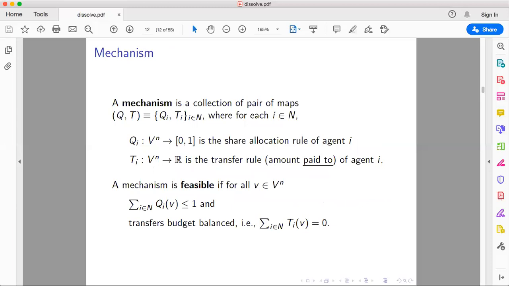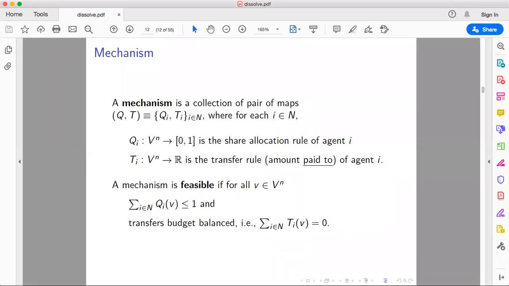And so we were talking about mechanisms in this setting, Q and T. Q is the allocation rule, T is the transfer rule. The only thing is Ti is supposed to be interpreted as the amount received by agent i. That's what you should keep in mind.